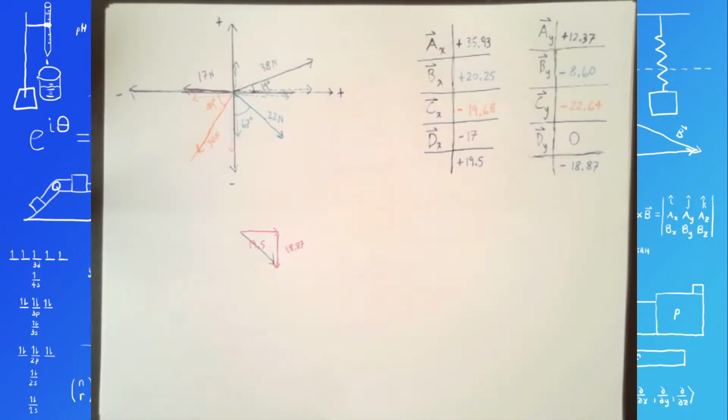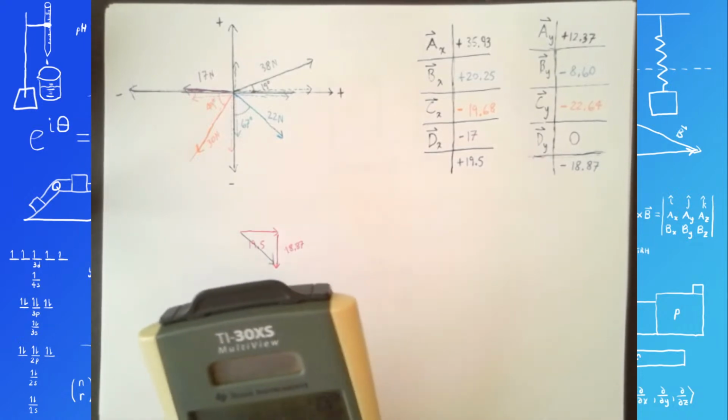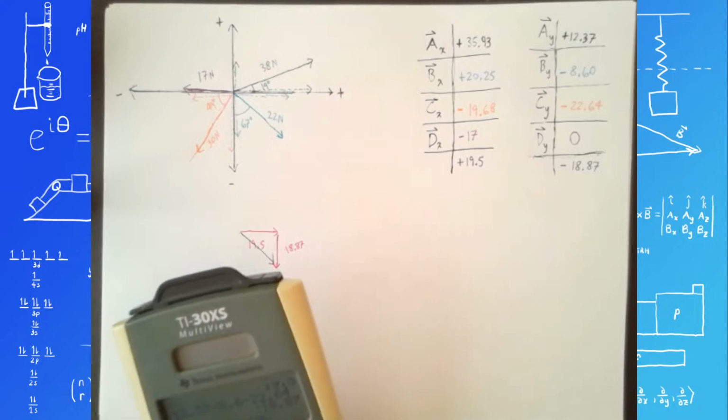And its length is going to be a little more than 19.5, obviously, but not by that much, I don't think. Well, hold on. It's going to be something in the 20s for sure. So 19.5 squared plus 18.87 squared.